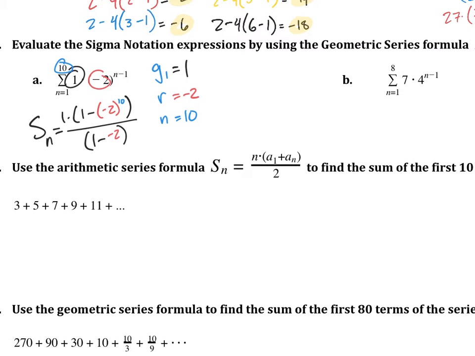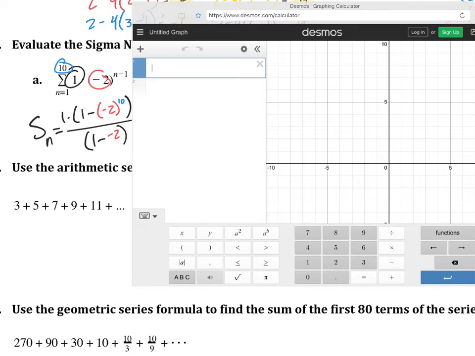Okay, so I would put this in my calculator, and so here goes. 1 times parentheses 1 minus parentheses -2, there we go, to the 10th, all divided by 1 minus -2. And our answer is -341.